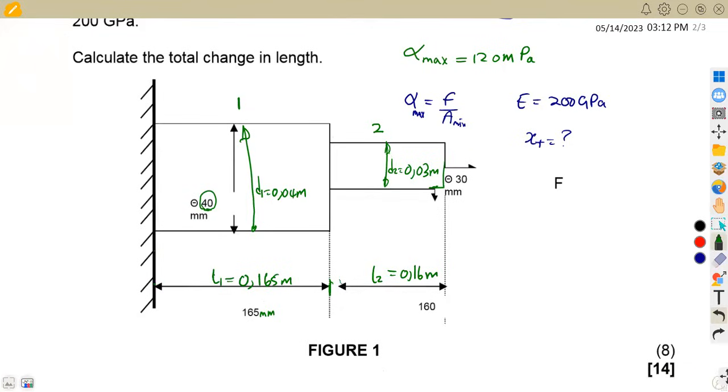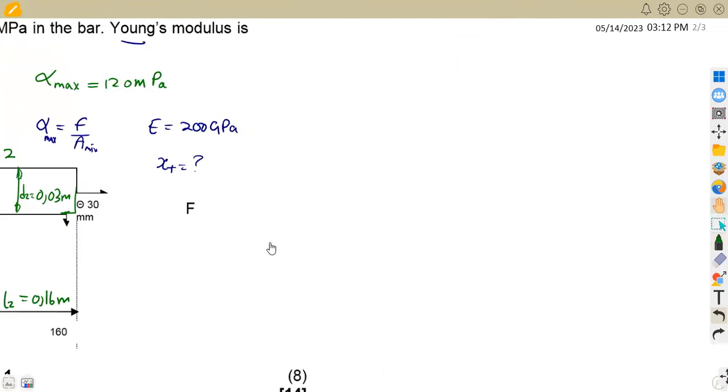From the formula, E is equivalent to FL over area times the extension. If you cross multiply, we have EAx equal to FL.